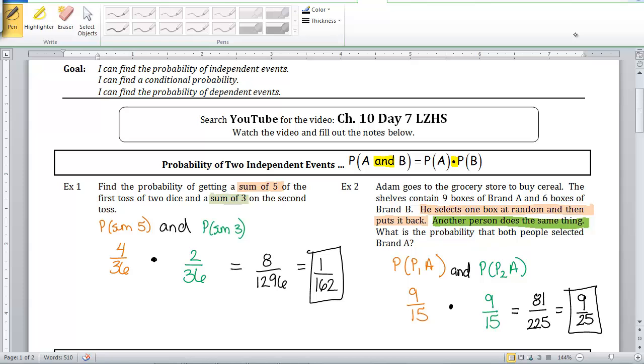In example 2, there were 9 boxes of brand A and 6 boxes of brand B. Person 1 was going to select brand A 9 out of the 15 times.